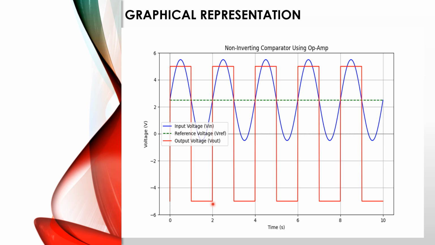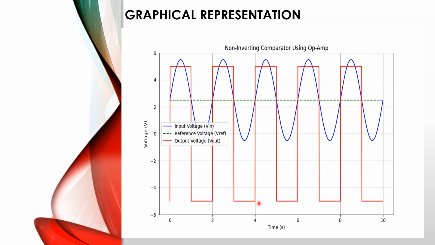Whenever V in is greater than V reference, again the red color graph is positive. We get the positive output, that means plus VCC. As long as V in is greater than V reference, the red color graph is also on the positive axis. Whenever V in is less than V reference, the red color graph again swings to minus VCC. Okay, that means when we compare two voltage levels by using an op-amp, we get one square wave output.